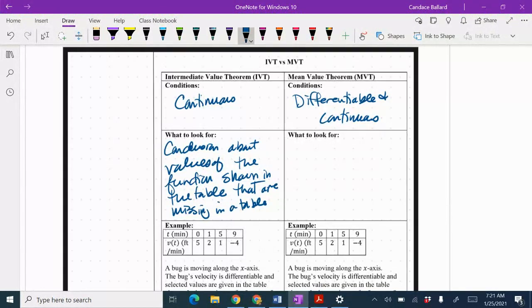And then what to look for here is a conclusion about the rate of change. So it's about the slope, rate of change of the function shown in the table.